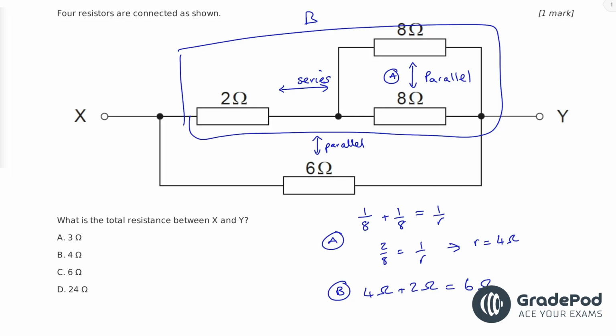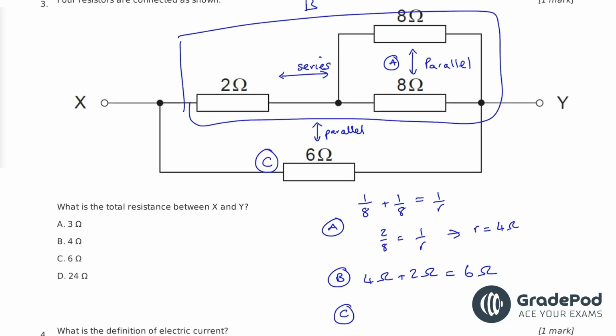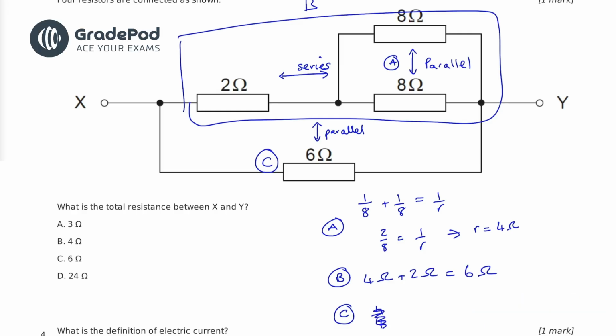Then we'll look at our configuration C, where we have these two in parallel. It's 1 over 6 plus 1 over 6 equals 1 over R. So 2 over 6, and the total resistance is 3 ohms.